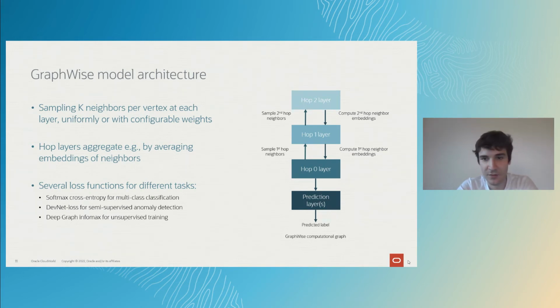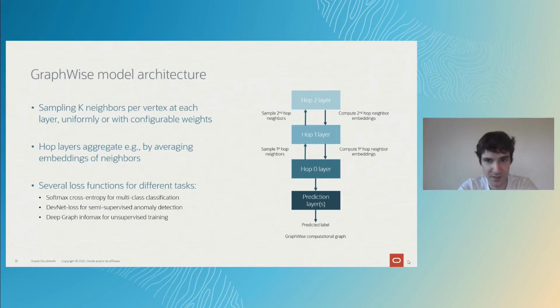Of course, you can use the more traditional loss functions such as softmax cross entropy if you want to do classification or multi-class classification. But we have DevNet loss, for example, tuned for more anomaly detection use cases where it's semi-supervised, and it will also take into consideration that in anomaly detection, you might not have labels for all the anomalous cases, but actually just a few.